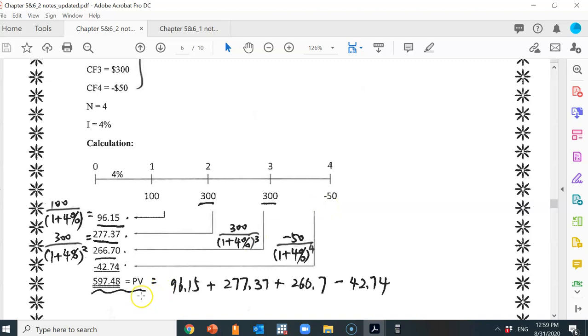Our total present value would be these 4 numbers, 96, 277, 266, and negative 42, all added up. We have 597.49 as the present value of the uneven cash flow, which consists of 4 lump sums. We calculate the present value of a lump sum 4 times, once for each cash flow, and add them up.